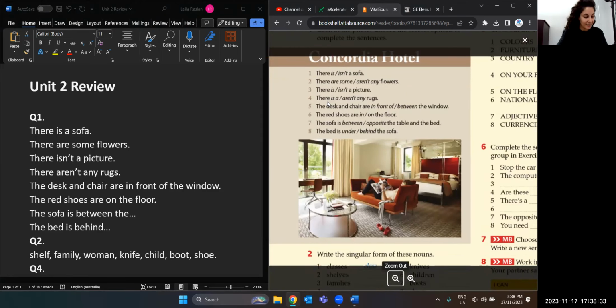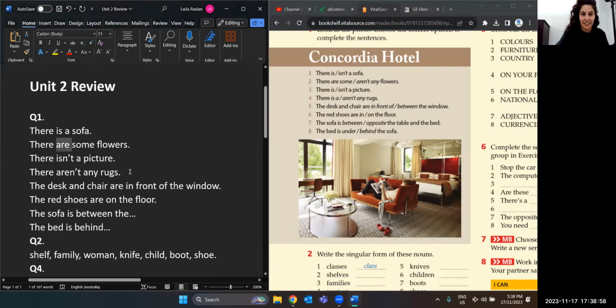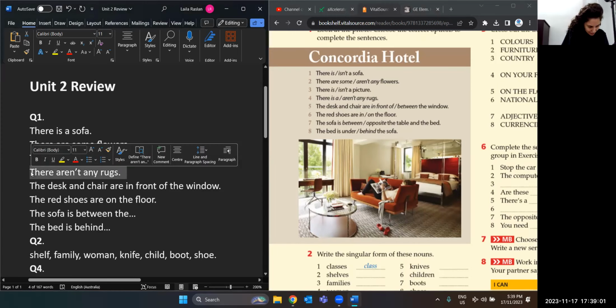Number 4, there is, I think we need the word, so it's a negative. There aren't any rugs. So there's a carpet, it looks like, because it's one piece, like all the floor, but there aren't, so another negative for plural, any rugs.